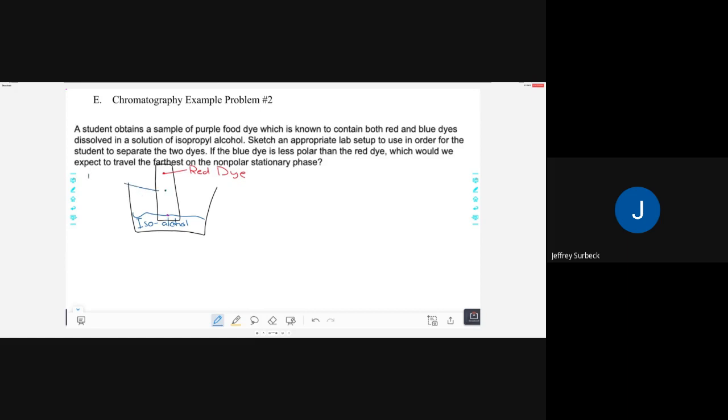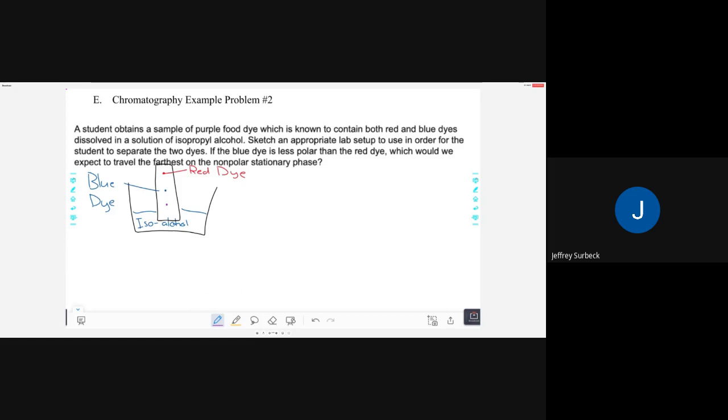Now, again, I'm going to give you the textbook definition, but not only do they want to see you draw a picture and put things in the correct order, one thing they probably did me for is that, oh no, that little purple dot should be above the solvent line.